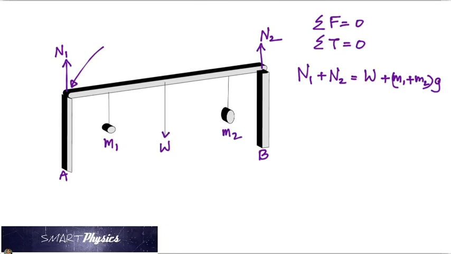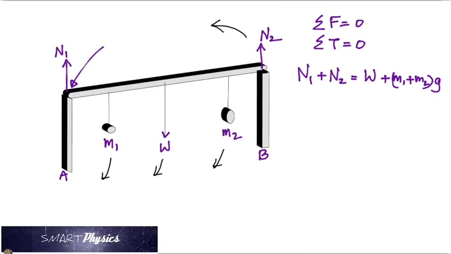And N2 is going to be, is it counterclockwise or clockwise? It's here, N2 is acting up, it's counterclockwise. So N2 is trying to rotate it counterclockwise, but all other three are rotating it clockwise.